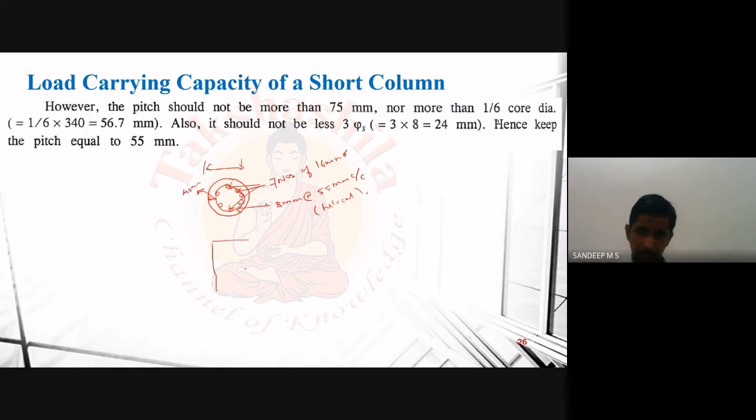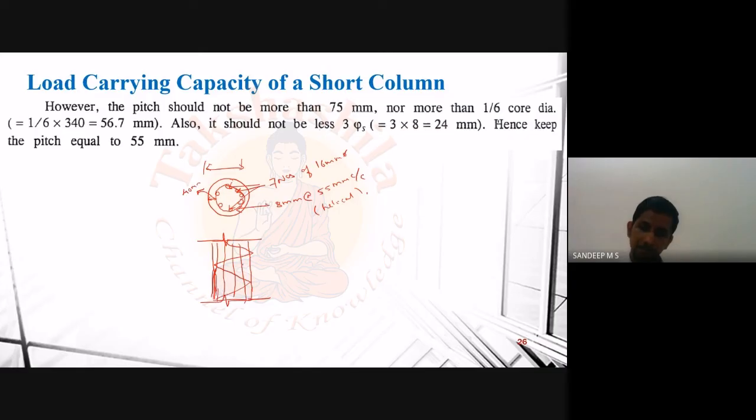Please assume these sides to be straight. Then we have different reinforcement. You look at the cross section and draw the needed reinforcement. I am arbitrarily drawing this. Then we have this spiral reinforcement which is going like this, and it should be like this because there is continuation on both sides, right?